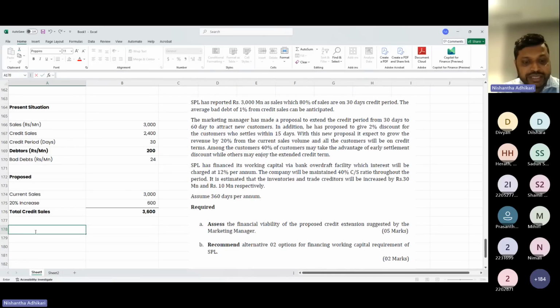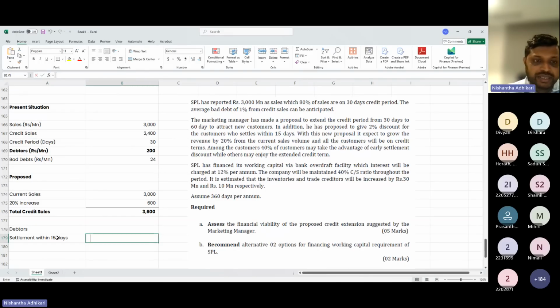Now we have to work out the debtors. Debtor settlement within 15 days. Settlement within 15 days.